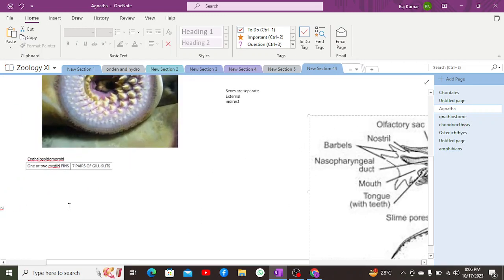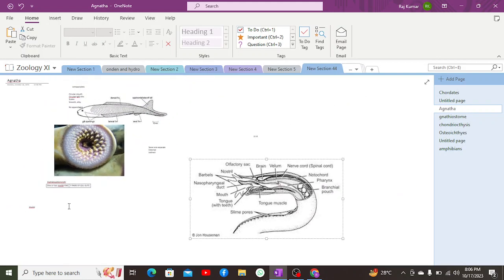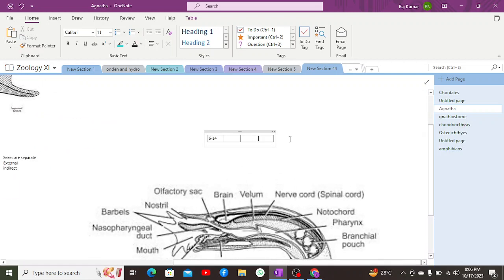Apart from that, they also have the characteristic, let me just zoom it up, that these are basically cold-blooded, and these are the only marine animals.